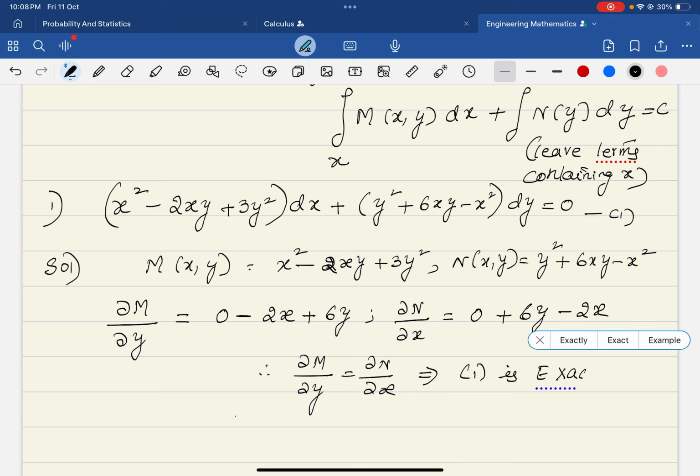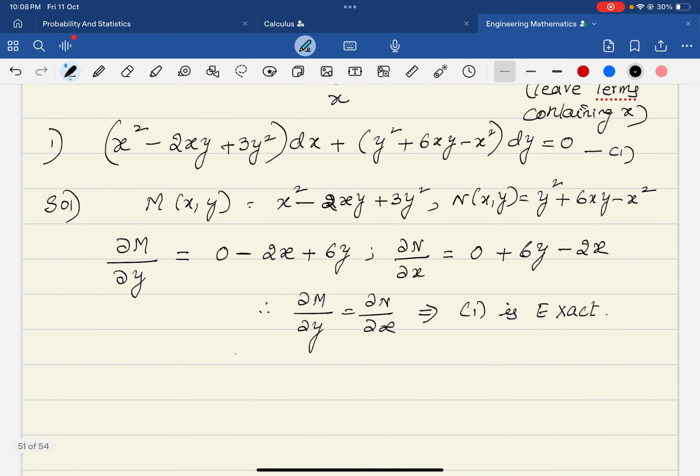First, we have to verify whether it is exact or not. Once it is exact, then the general solution is given by integral of M of x comma y dx plus integral of N of y dy.